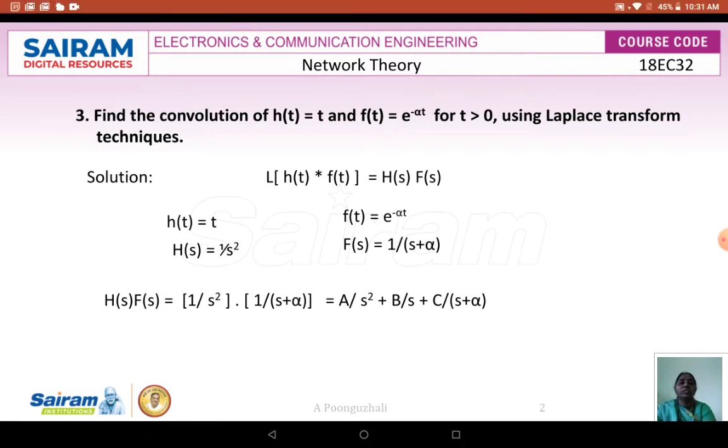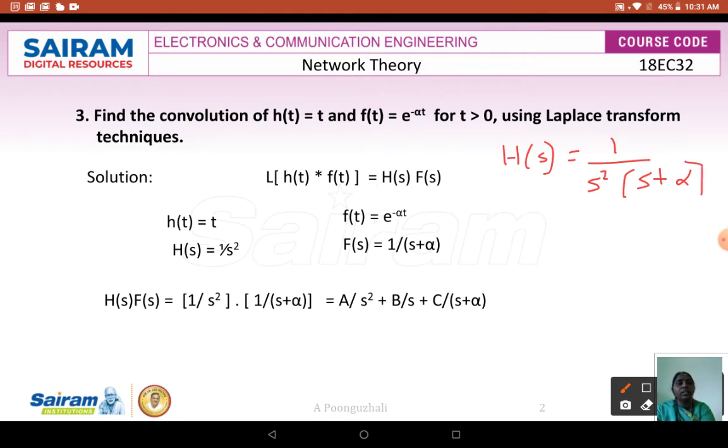So h of s into f of s is equal to 1 divided by s square into s plus alpha. Here I am going to apply the partial fraction method.